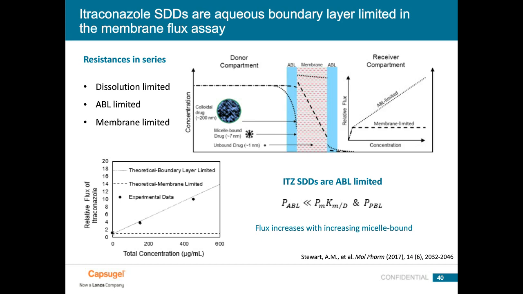What we were able to determine through a lot of testing of different formulations and different compounds is that the colloids do not pass through the membrane, but they can help diffusing across the aqueous boundary layer. And in a follow-up publication to this one, we also explored, for the specific case of itraconazole, the impact of colloids quite in depth.